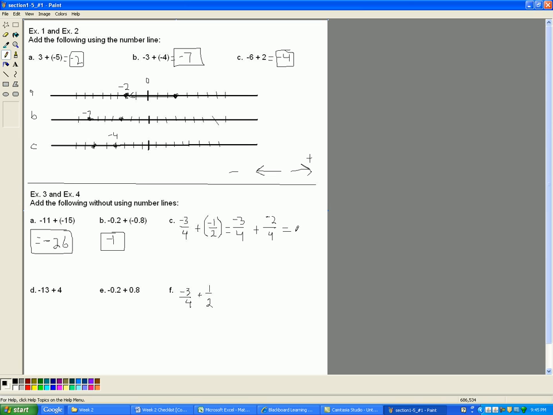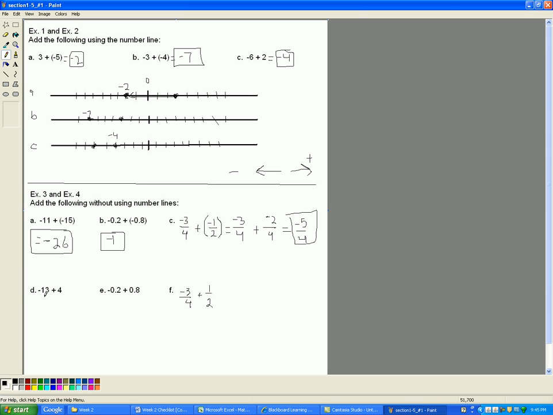So we know our answer is going to be in fourths. Now all we have to do is perform the calculation of our numerators on top. Negative 3 plus a negative 2. So if we owe someone 3 and we have to owe them another $2, we end up with negative 5. So our total answer is going to be negative 5/4.